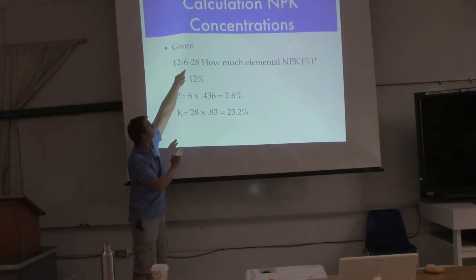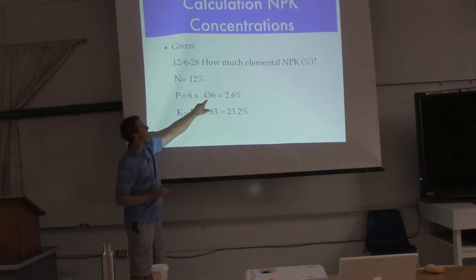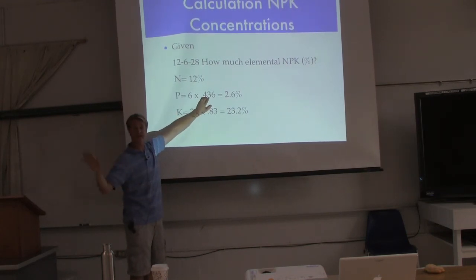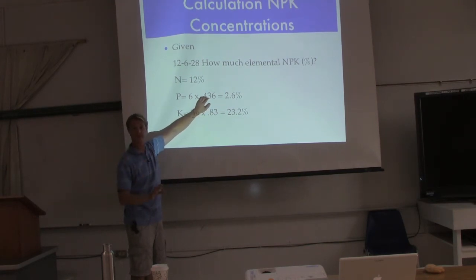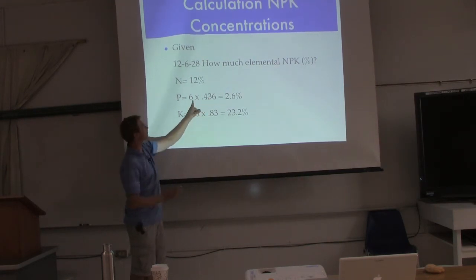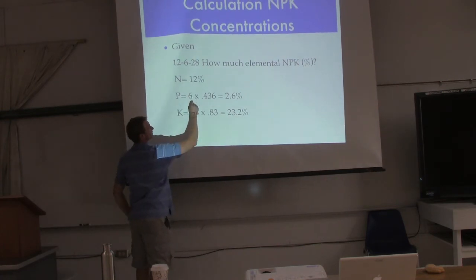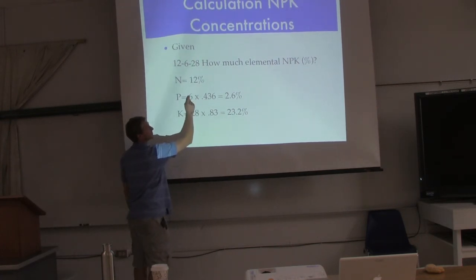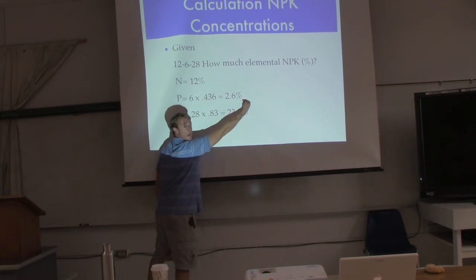Okay? You're going to multiply that by the percent I just gave you of elemental P in decimal form. Imagine there's a percent next to the 6. That percent needs to carry over here, right? Old school math. It's got to carry that label over.